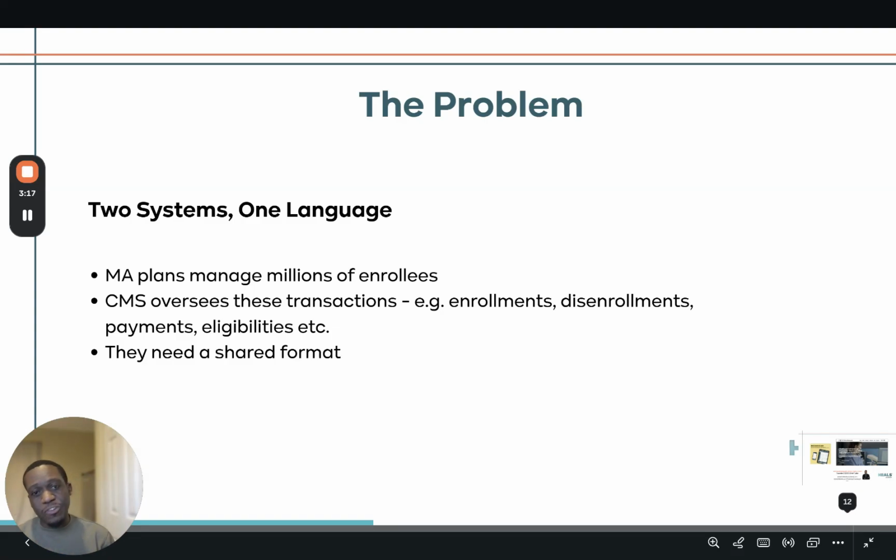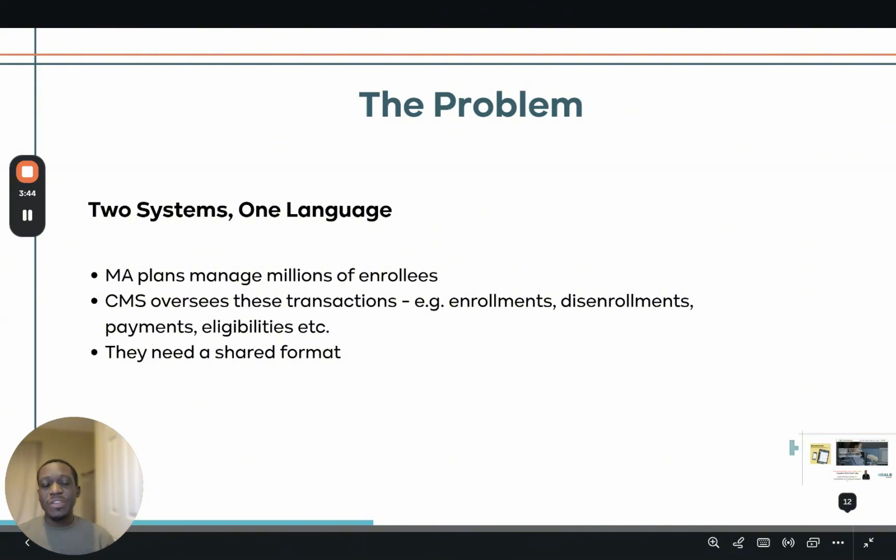There are enrollment transactions, disenrollment transactions, payment transactions, and eligibility confirmations between CMS and plans, CMS and states, and plans and states, and they all need to go back and forth. But between CMS and the plan, there needs to be one language and shared formats.